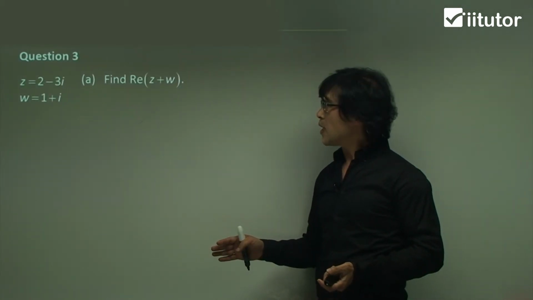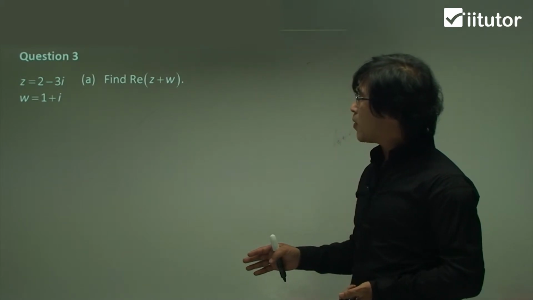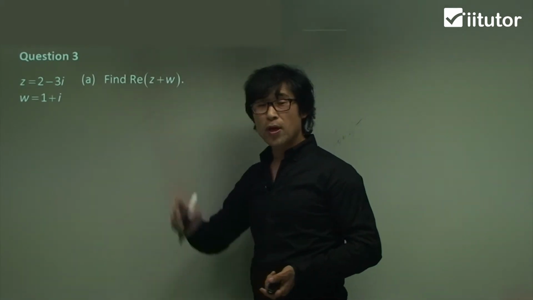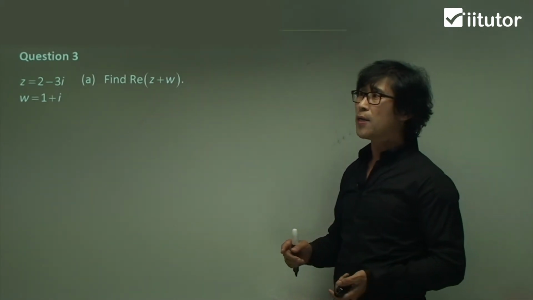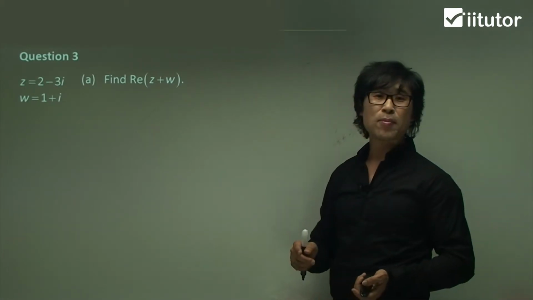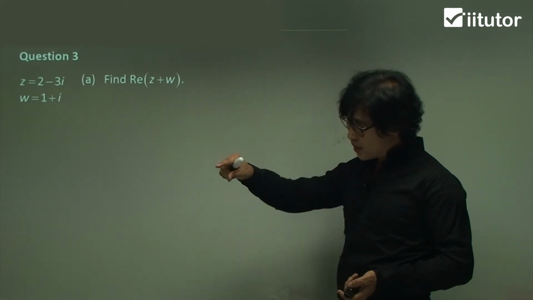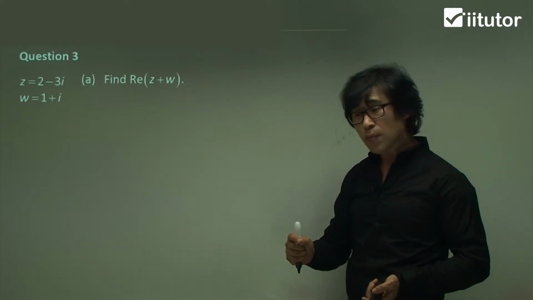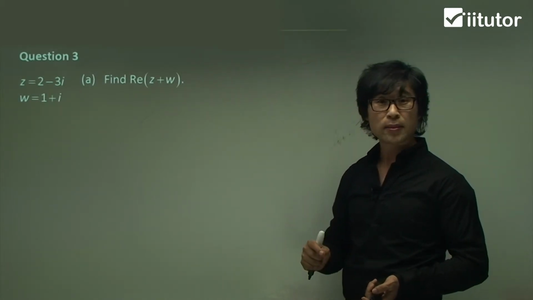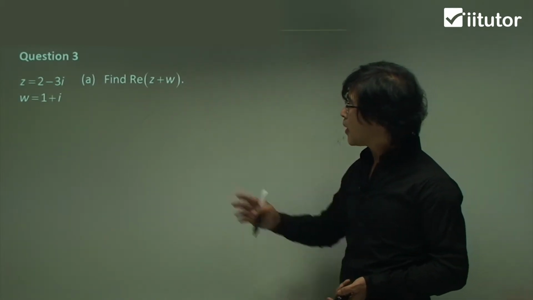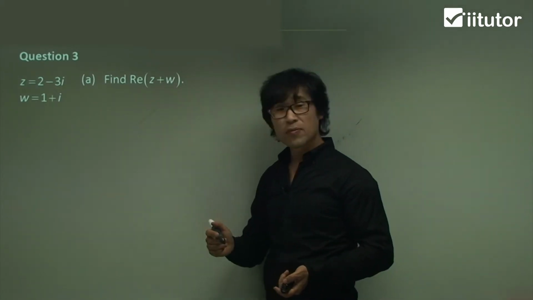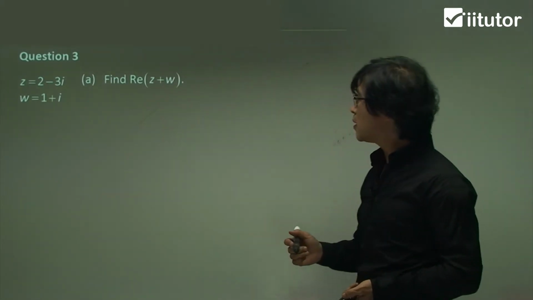Okay, question 3. Now we're going to practice more with regard to the Re and Im functions. Still the same thing. As long as you can simplify, then take out the real part or the imaginary part. That's extra. Okay, z plus w. Simplify what z plus w is.